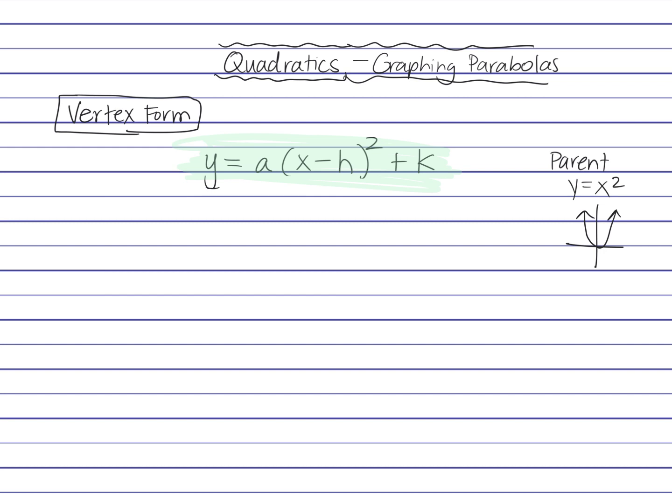All right, so first thing, the a value up front can tell you a couple different things. If a is bigger than 1, then we wrote down that it's a vertical stretch. If that number is greater than 1, it gets taller or narrower, but it's a stretch. If that number is between 0 and 1, like a fraction or a decimal, it is a vertical compression.